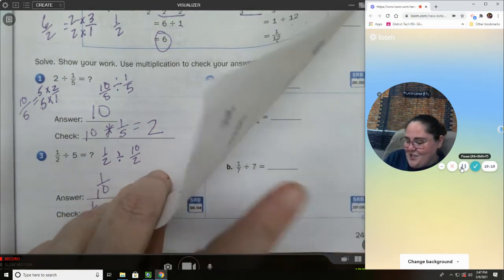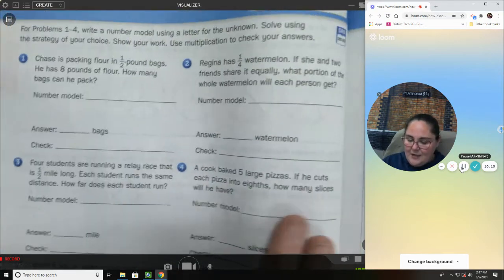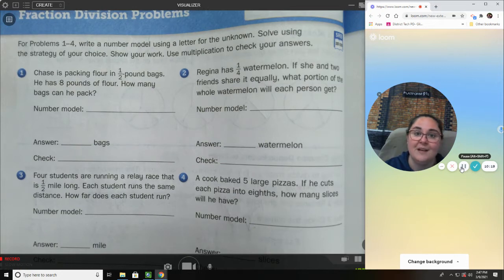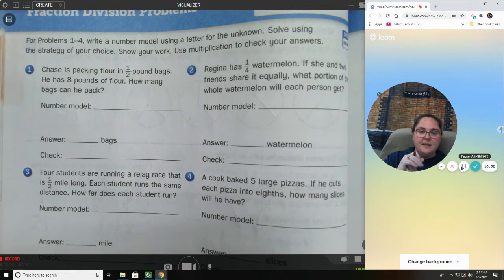All right, we're going to be on page 244. We do have a few more problems we're going to work through today. For numbers 1 through 4, it says write a number model using a letter for the unknown. We've been doing number models since week 1. Solve using the strategy of your choice. Freeze, time out.